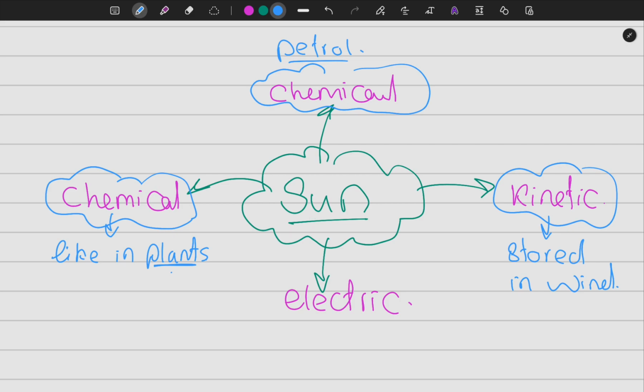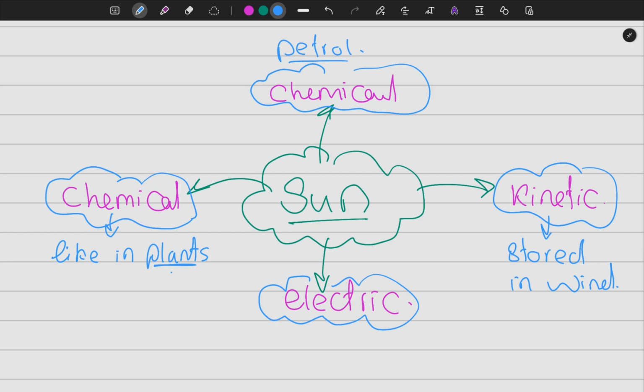You don't know that the sun is the main reason for the formation of wind energy in the world. Without the sun, there will not be any wind energy. Okay, you will study them in detail after some years.